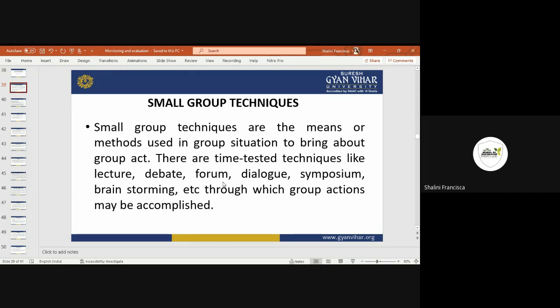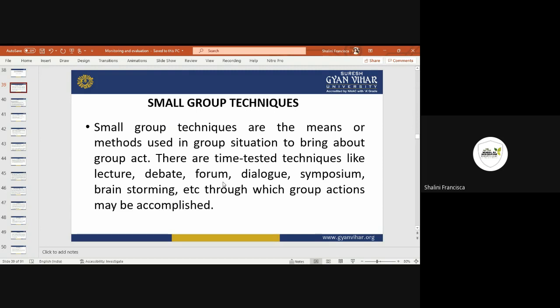By the word itself, it is signified that it comprises a small number of people who come together with a mindset of a technique that is beneficial for the group and will work in the group.